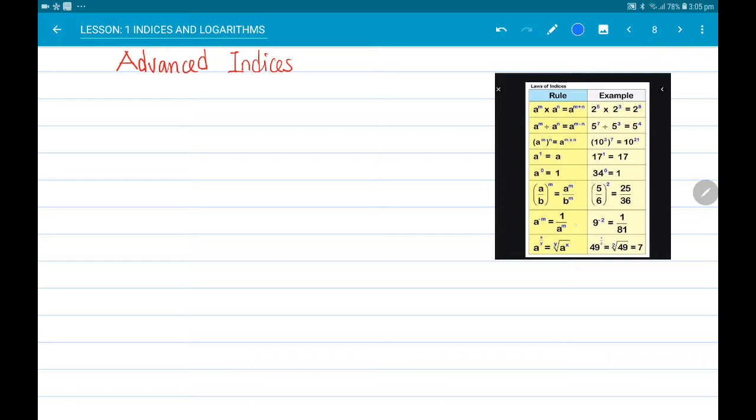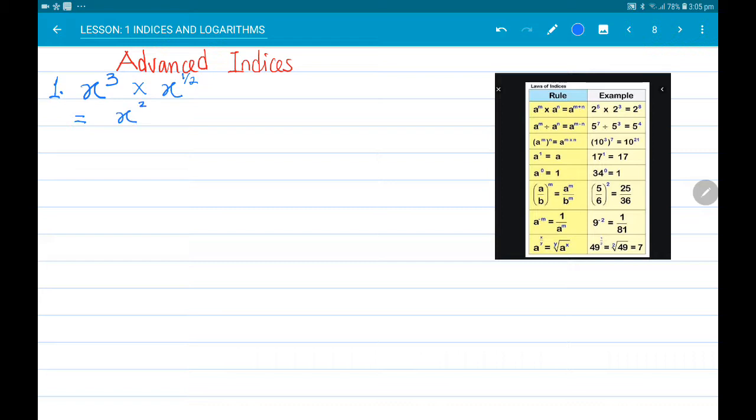Then when you have these fractional indices, the one that is at the denominator will come forward, and y is going to be the power of the numerator. So I expect us to master these rules, and we should be able to apply them in any question that is relevant to them. Now let's look at these examples.